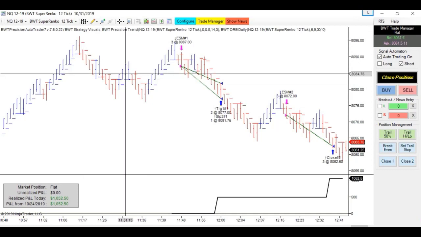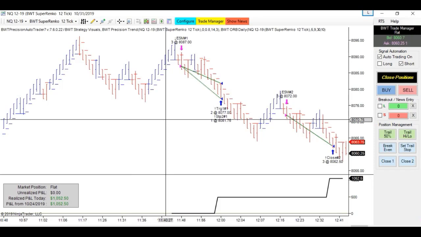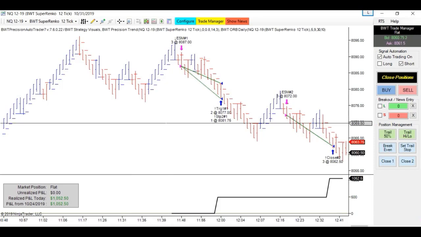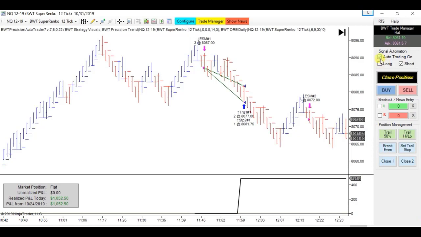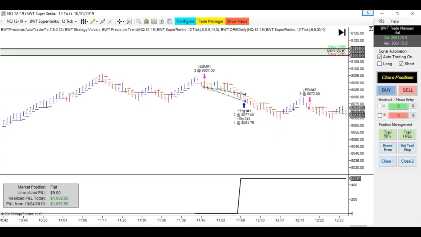Just use them in conjunction with market structure, just some basic ideas about markets and price action, and there you go. Trading below the daily open range filter.